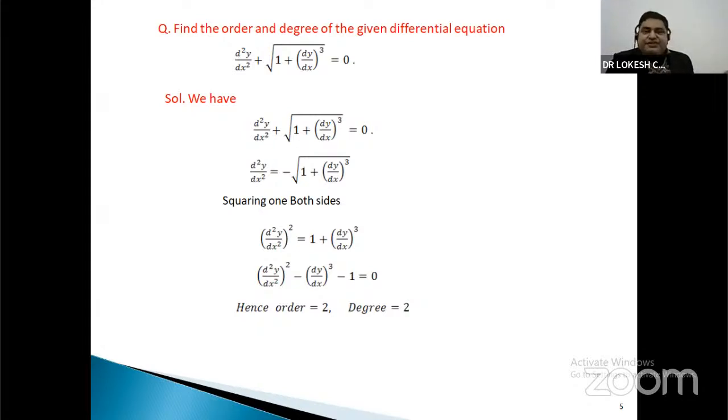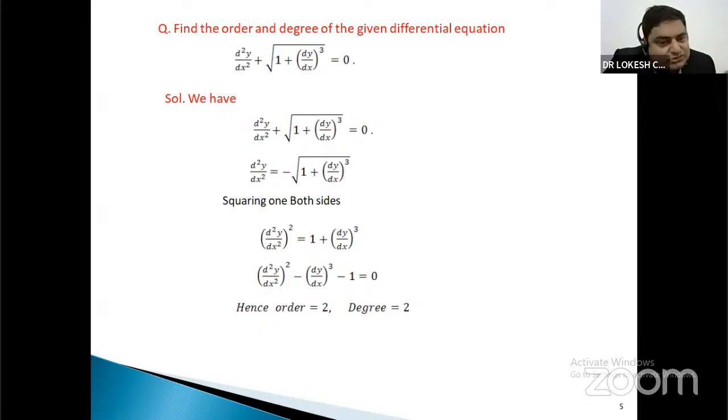So first we try to remove this square root from the equation. For this, we take this term to the right hand side of the equation: d2y/dx2 equals minus under root of 1 plus (dy/dx) whole cube. Now for order, if I see only order, then clearly the highest order derivative term present in the equation is d2y/dx2.